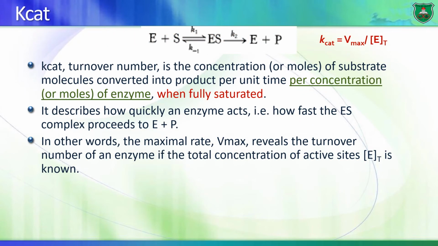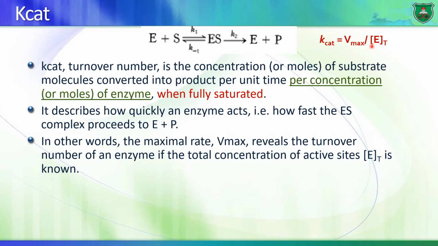Kcat is equal to Vmax over the concentration of an enzyme. So in words, Kcat is basically the turnover number. It's the concentration of substrate molecules converted into a product per unit time. That's Vmax per concentration or moles of an enzyme.